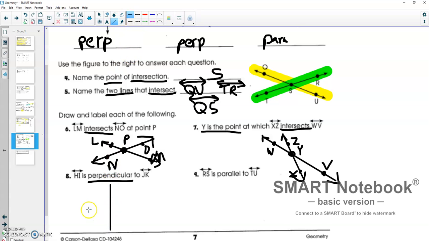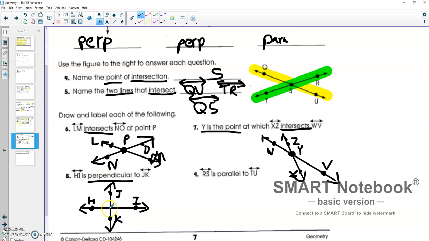Remember, perpendicular looks like a straight line, crossing each other. Makes a perfect T. Because they're lines. If you see up here, they're lines that go on forever. So I'll put H here, I here, a J here, K here.